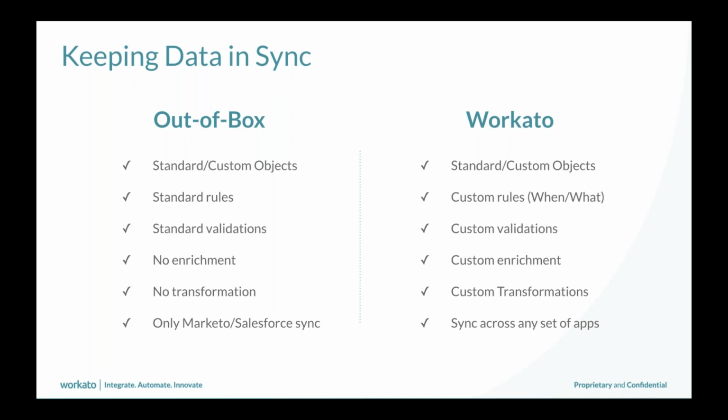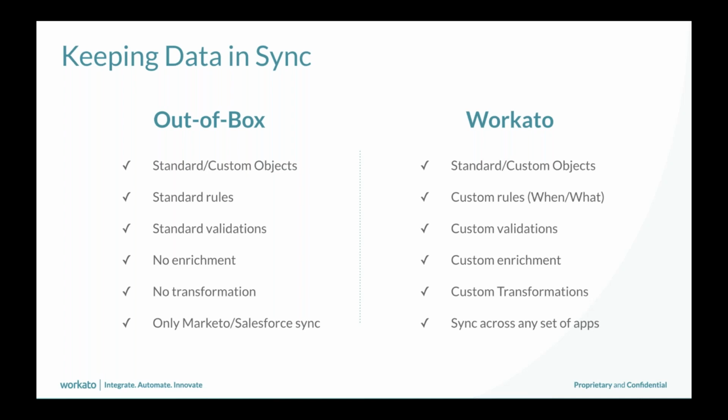We usually use out-of-box integrations for very standardized stuff and very high volume stuff. For example, we use the Marketo and Salesforce connector to sync the most basic stuff. When we sync leads from Marketo into leads or contacts in Salesforce, and we sync it the other way around, we do campaign member syncs.